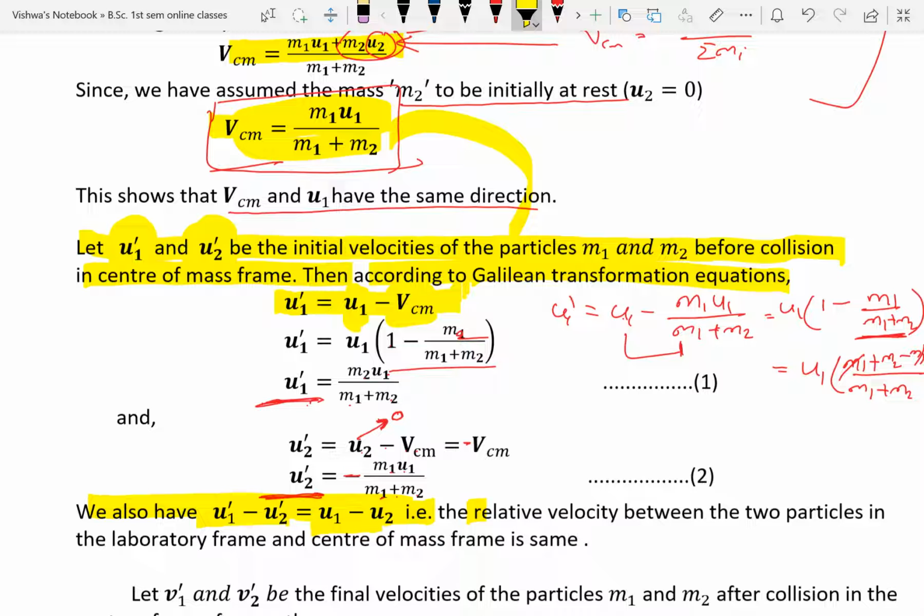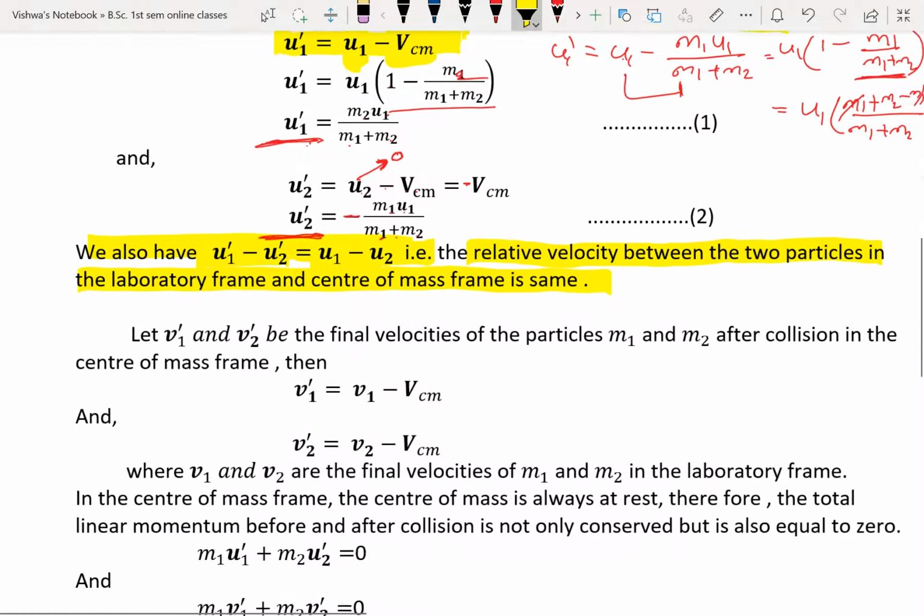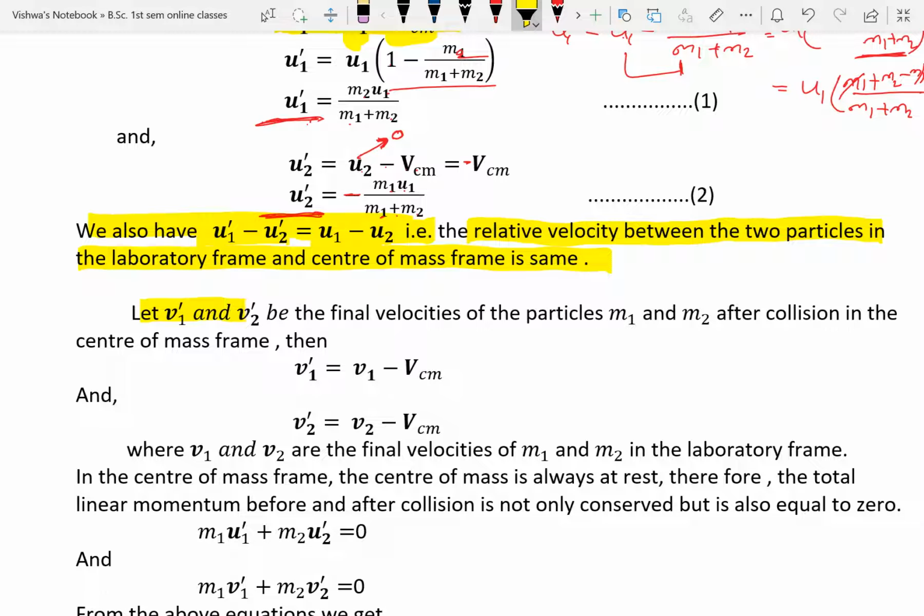The relative velocity between two particles in the laboratory frame and center of mass frame is the same. Then v1 prime and v2 prime are the final velocities of the particles of mass m1 and m2 after the collision in the center of mass frame of reference. Here prime indicates those velocities in the center of mass frame of reference. We already wrote the values for the velocities before collision in the center of mass frame of reference.